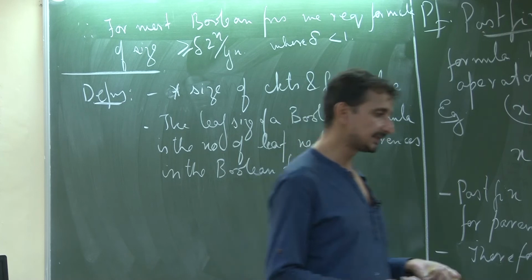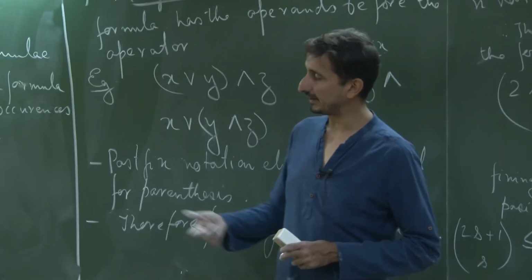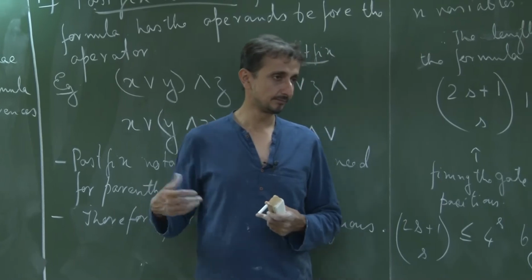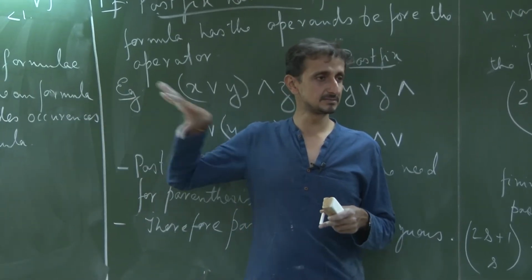Again as I said, in the Boolean formula you can have the same variable which occurs multiple times. So, for each different occurrence of that variable we will count it again. So, it is the total number of leaf nodes, I am not saying it is the total number of variables.